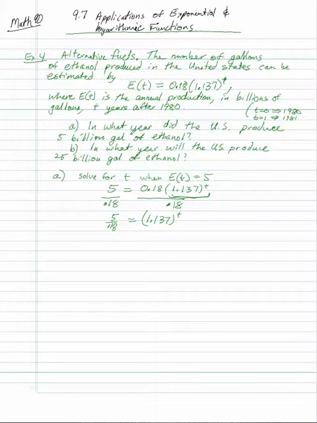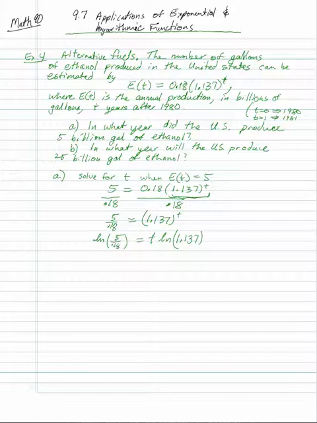Now we're going to take ln of both sides. And remember, we're going to bring the t out in front. So I'm going to kind of skip a step there. So it's ln of 1.137 to the t, and then by the power rule for logarithms, the t comes out in front.